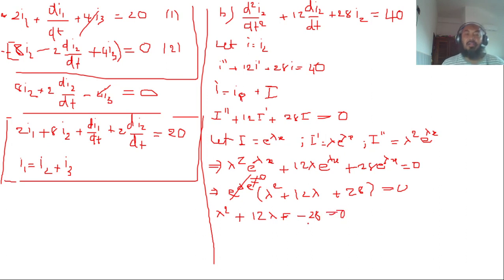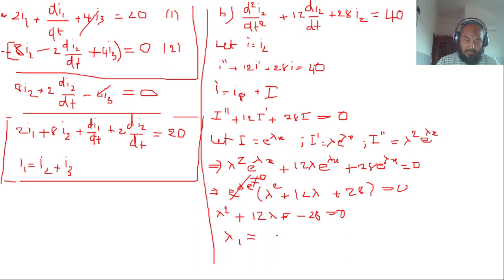So this is a quadratic equation. Okay, so we got this. So actually I find lambda 1 and 2.